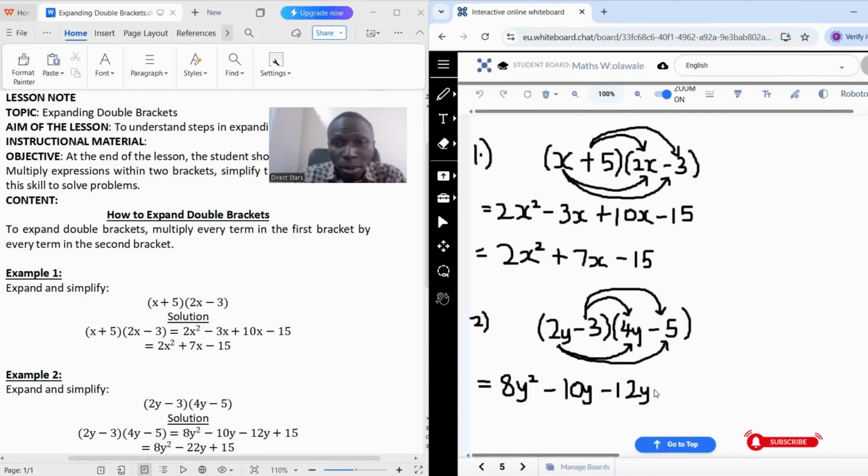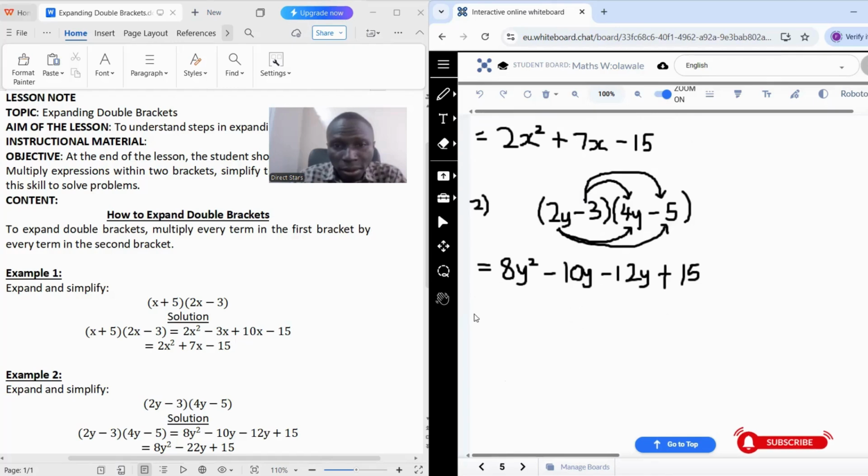We're going to have that to be plus 15. Then simplify this expression now. So we're going to have 8y squared, minus 10y and minus 12y. They are like terms, so we can have this now to be minus 22y and plus 15.